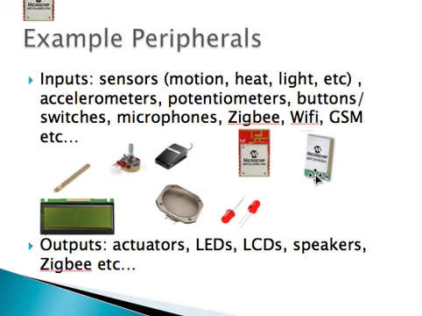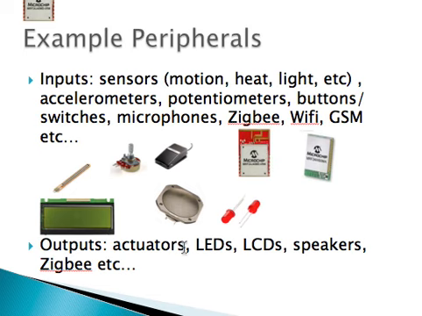Here, for example, we've got Zigbee, Wi-Fi, and GSM phone. Normally we use Wi-Fi, GSM or Zigbee with the MX20 board to develop some software and monitor and control things.